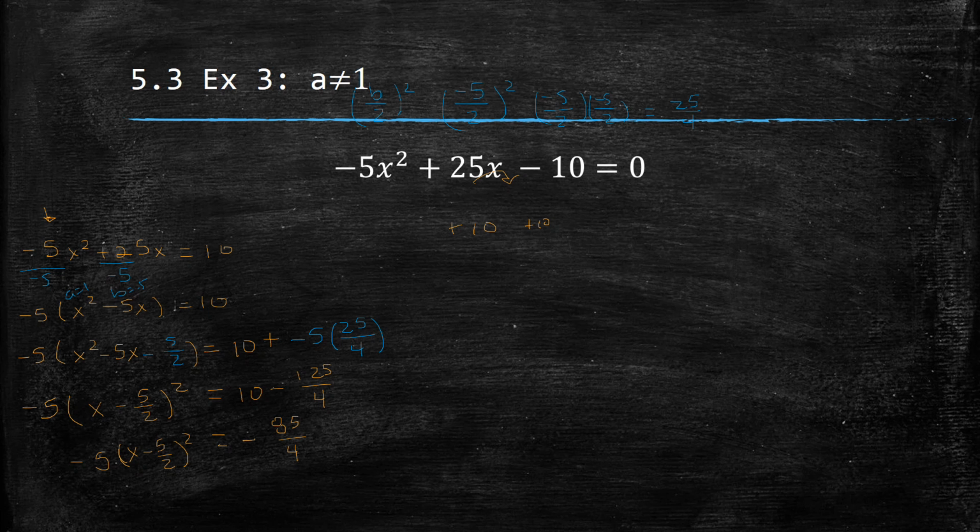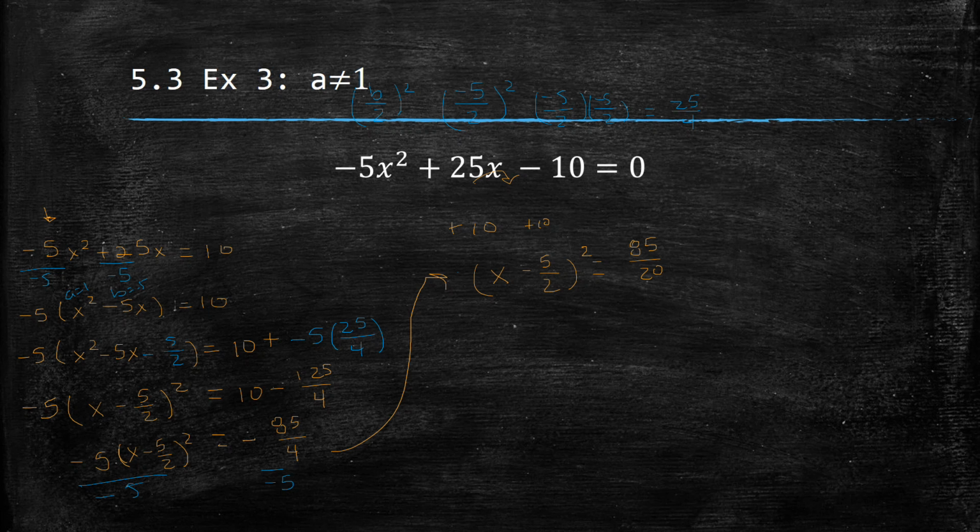Okay. From here, we need to divide by negative 5 on both sides. I'm going to move up here. So now we have x minus 5 over 2 quantity squared is equal to positive 85 over 20.